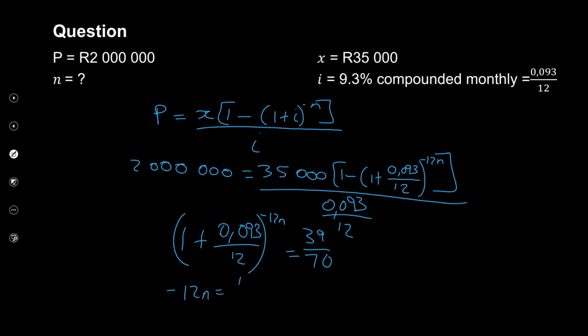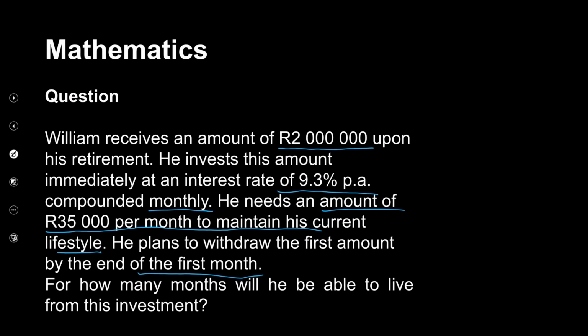Then from here, this will be negative 12. N is equal to a log of the base, which is 1 plus 0,093 divided by 12. And here I will have my 39/70. And I want to find what the answer is there. Before we quickly do that, remember they said how many months.